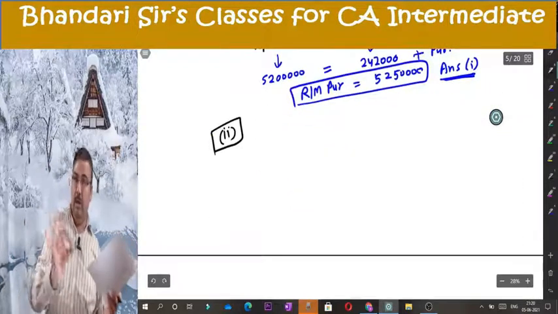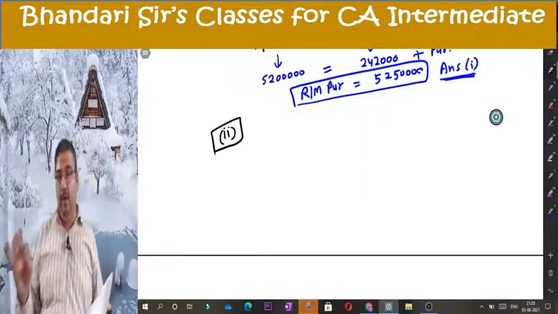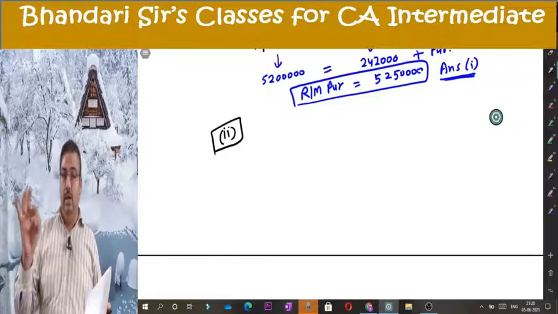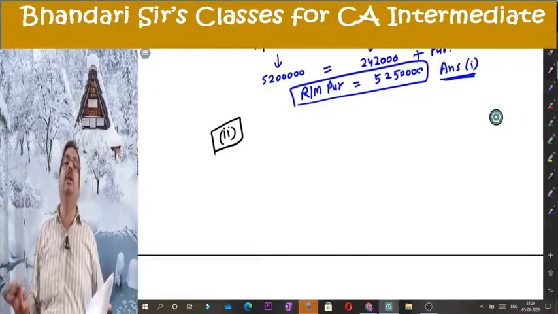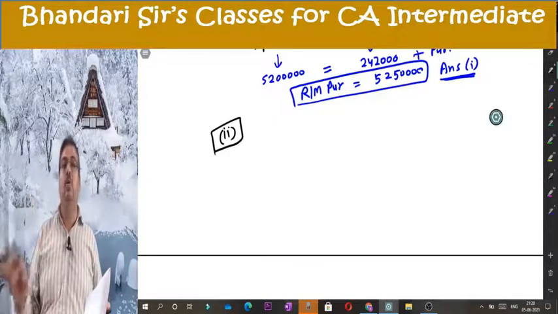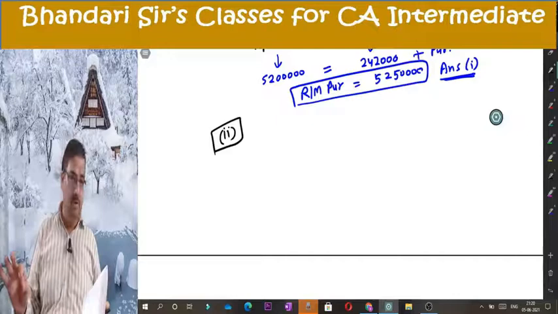Start from raw material, labor, prime cost. Add factory overhead, gross factory cost. Then add opening WIP less closing WIP, net factory cost.